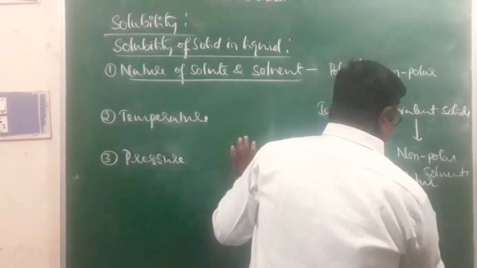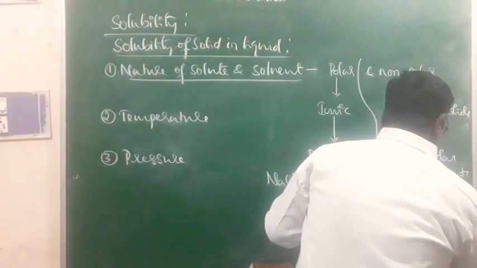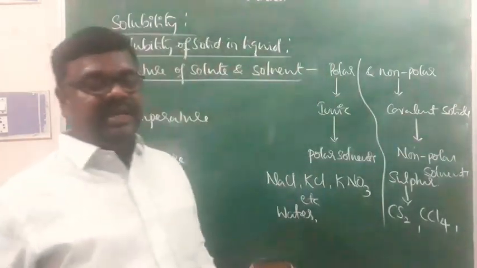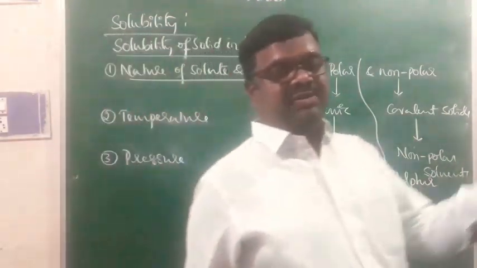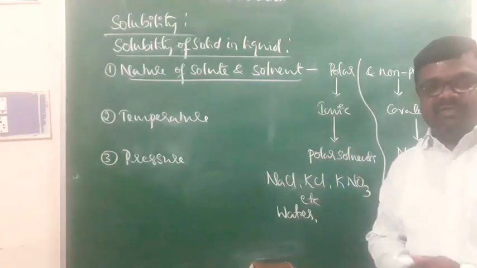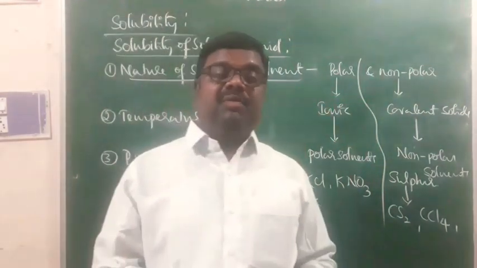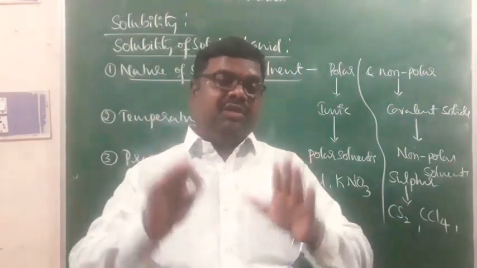Sulfur dissolves in non-polar solvents like carbon disulfide and carbon tetrachloride. The reasons for all this, you studied in the chemical bonding chapter of first PUC, so I won't go into the details.